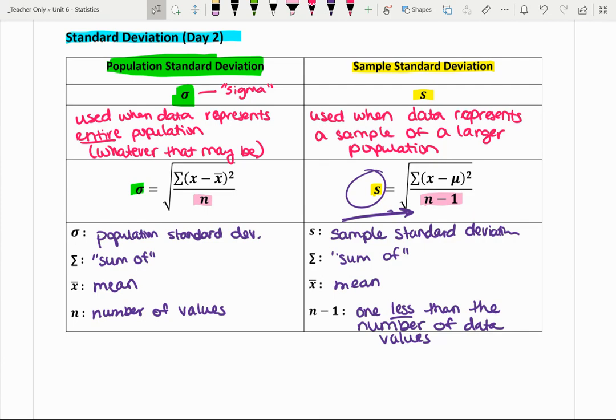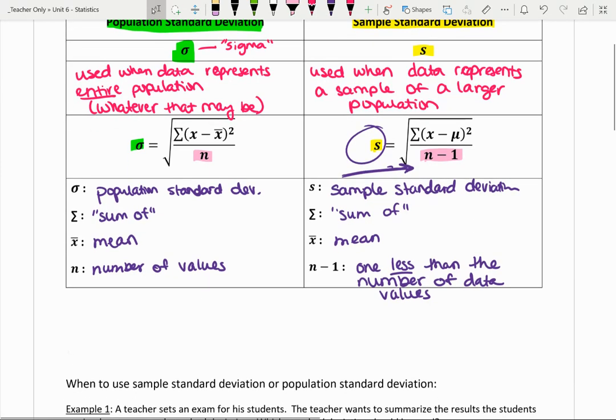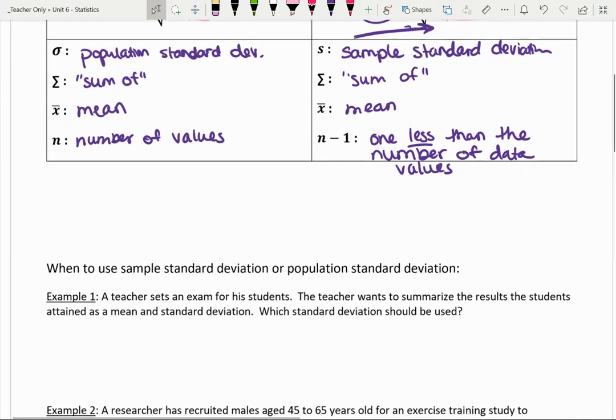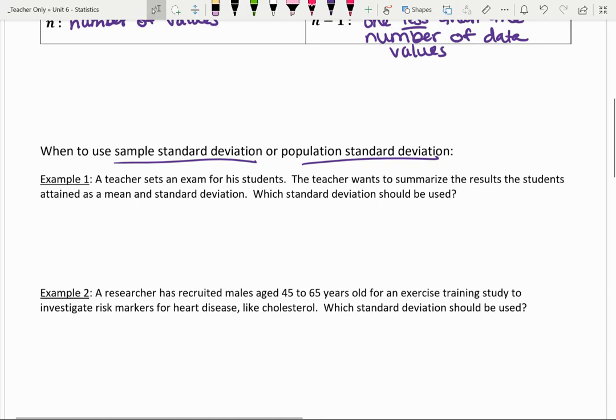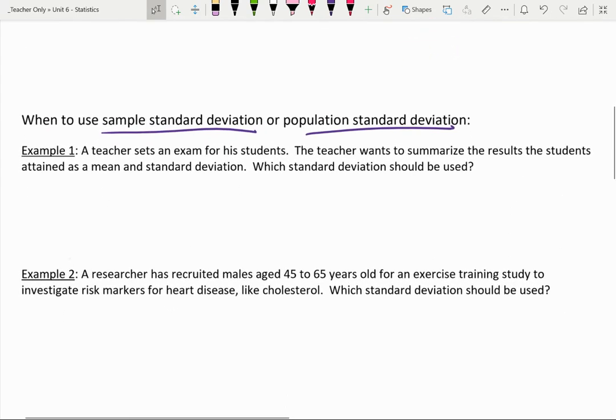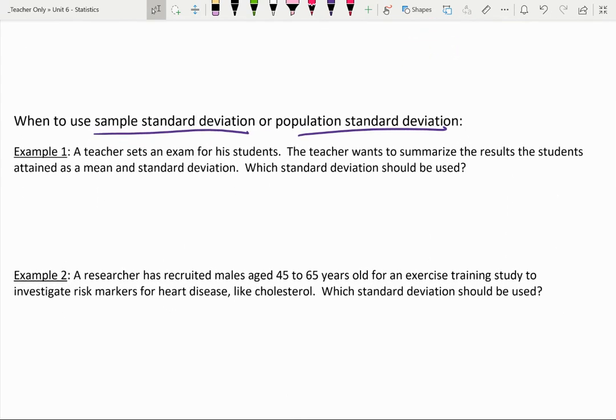And so when we calculate standard deviation, it's important to think about which standard deviation we're using, and it depends, of course, on the context. So a couple of examples here. If you follow along with those examples with me, example 1, a teacher sets an exam for his students. The teacher wants to summarize the results the students attained as a mean and standard deviation, and which standard deviation should be used?